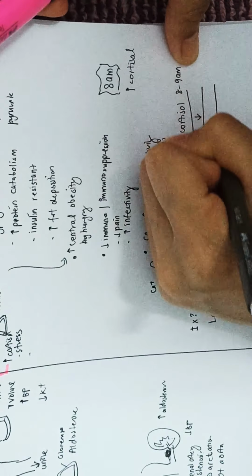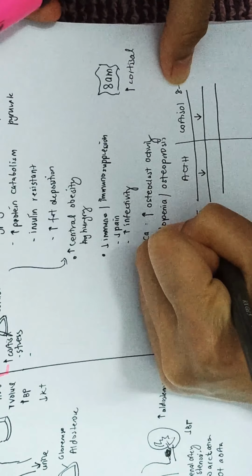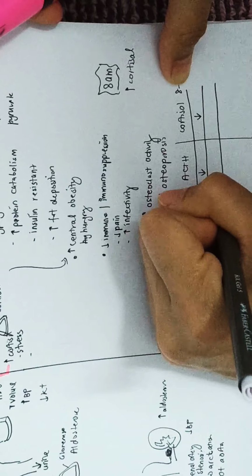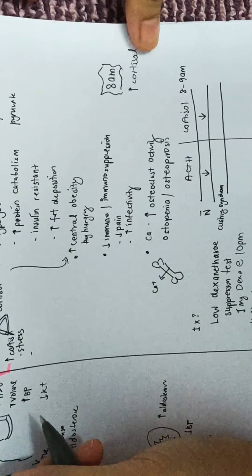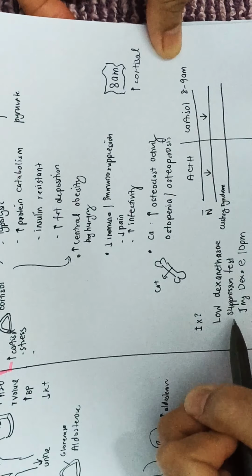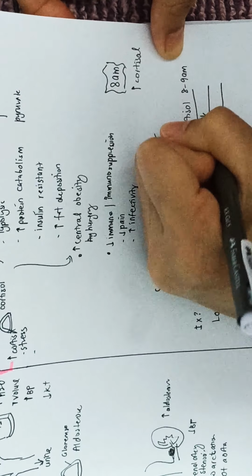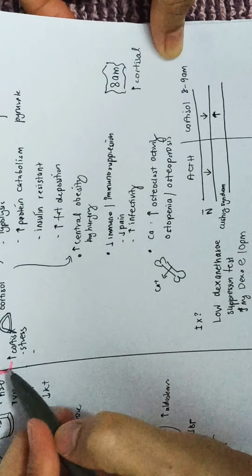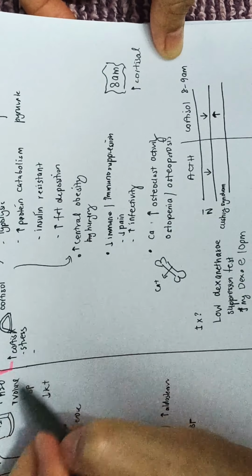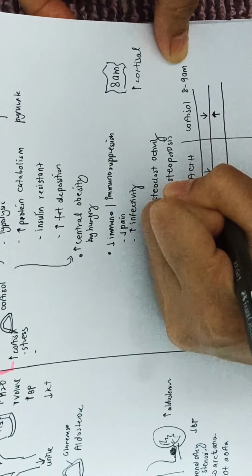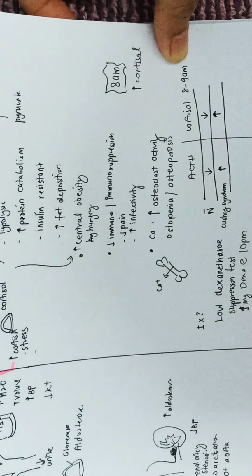But in Cushing syndrome, with a small dose of suppression in the conditions where cortisol is already high, it won't be able to give a negative feedback to ACTH, so ACTH will be high in Cushing syndrome.